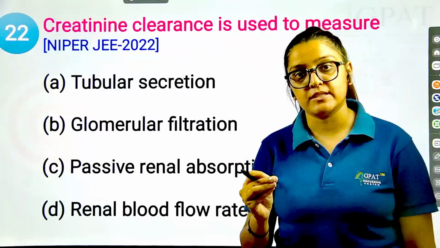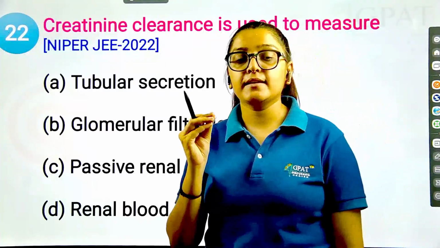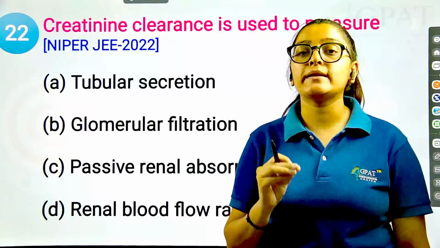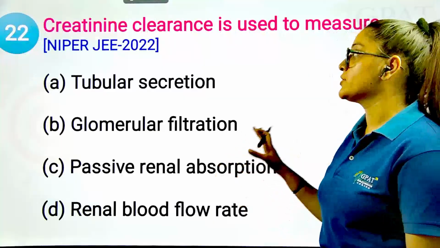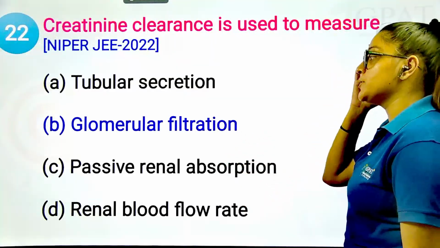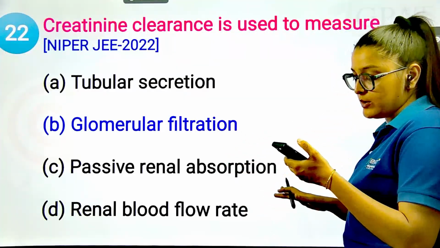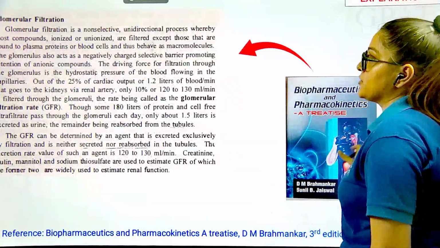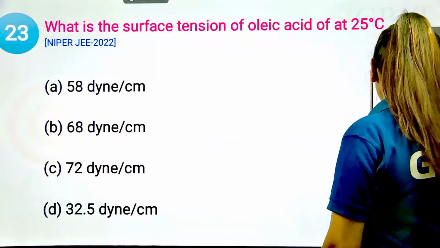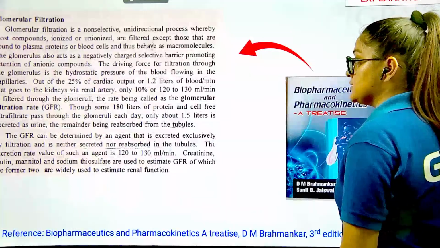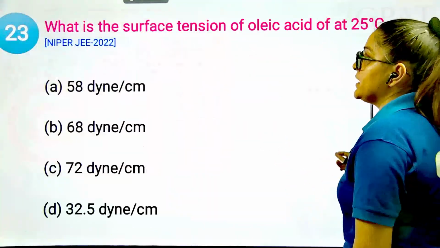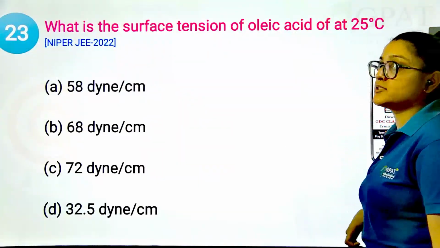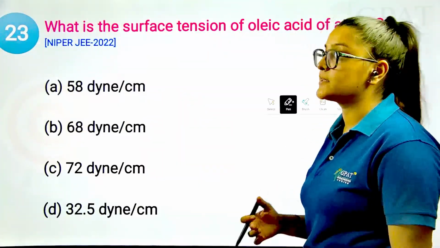For the exogenous, we have inulin. And the rate of the GFR is 125 ml per minute. So creatinine clearance is attributed to none other than glomerular filtration. Very correct. Anyways, the GFR is measured by the creatinine only.